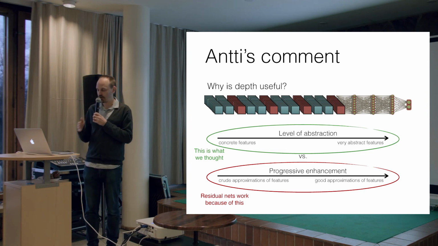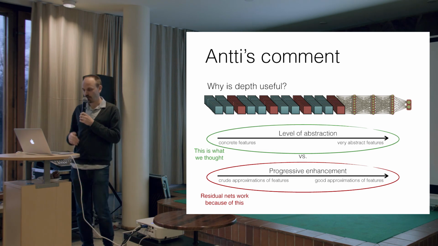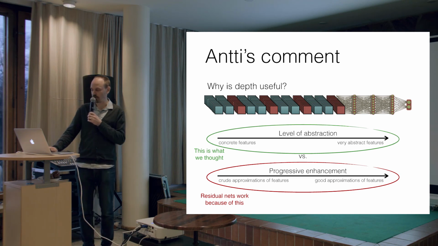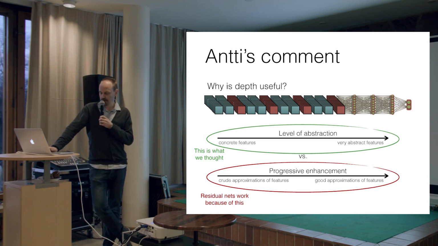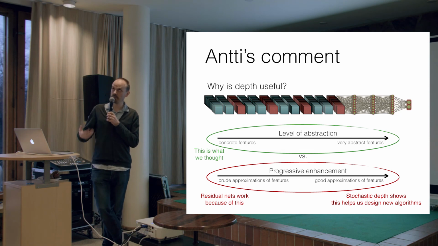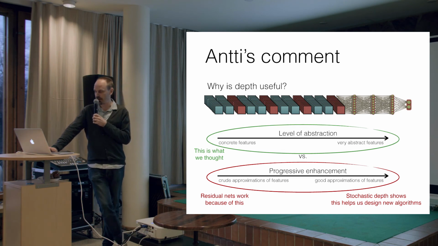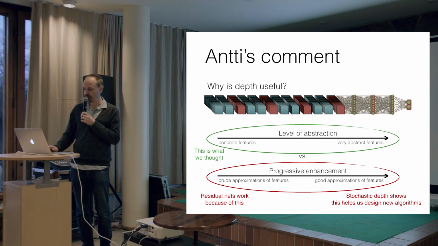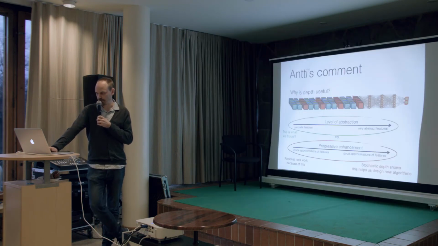I think when we go deeper, we get more and more abstract features, but this progressive enhancement is also an important part of that. And the first paper that I talked about, the stochastic depth, shows that if we think about it this way, it helps us design better algorithms and get better results.